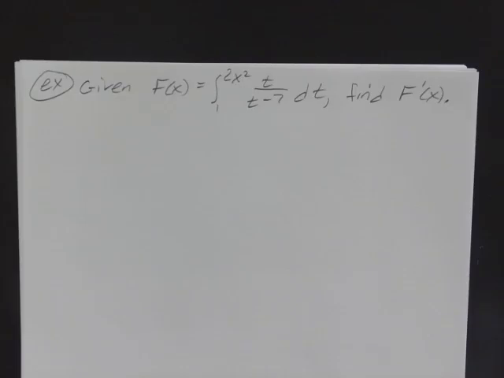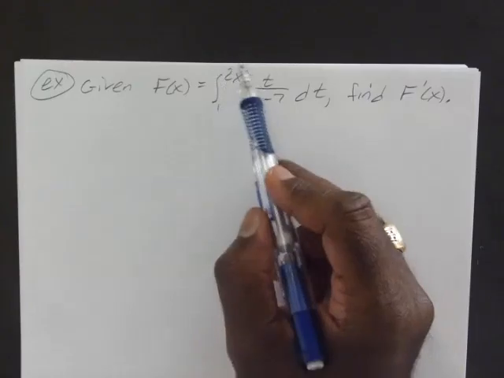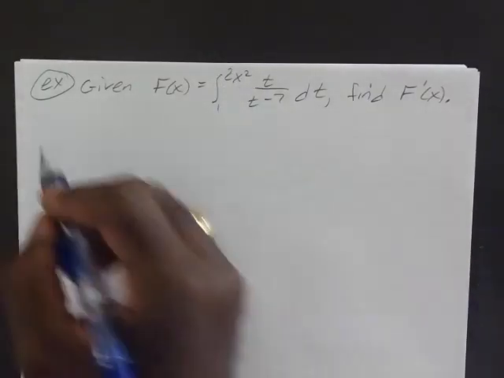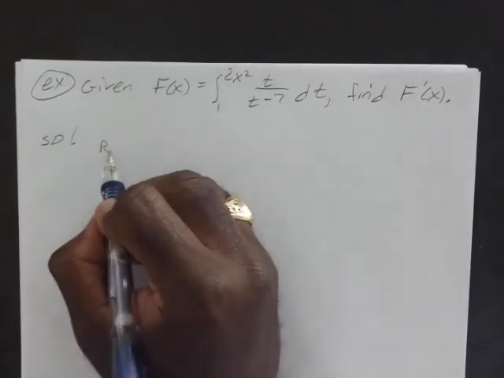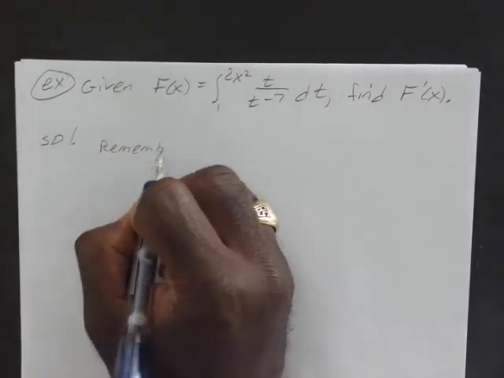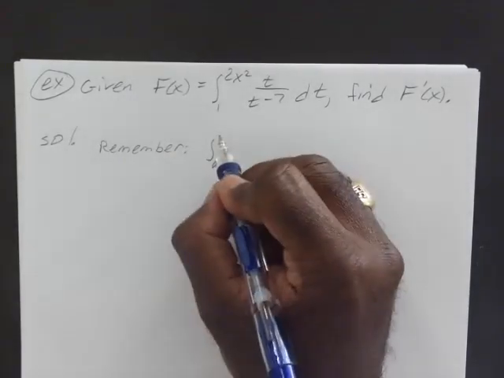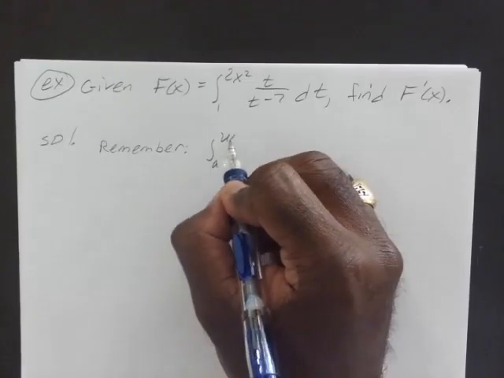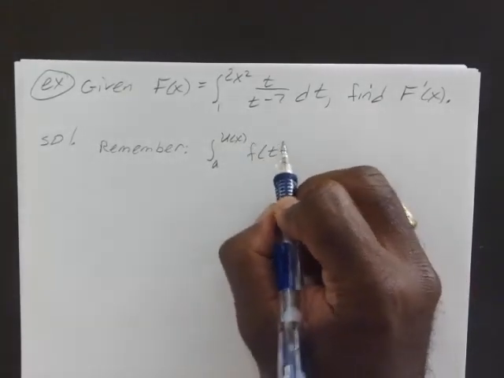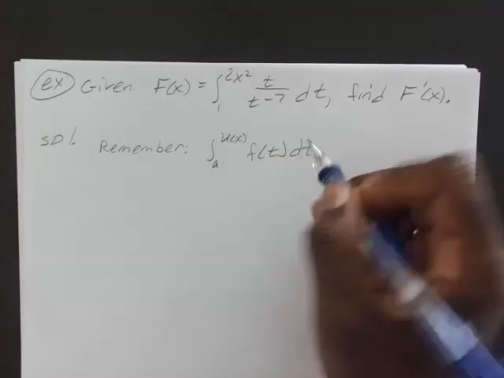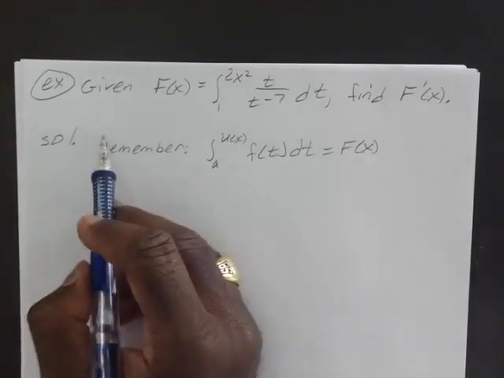Okay, now with this one, we don't have a real number for lower and upper limit. We actually have a function for our upper limit. So that one, we just have to remember that the integral from a to some function u of x of some function with respect to t is equal to your integral f of x.